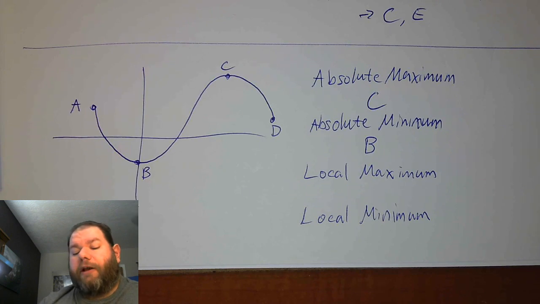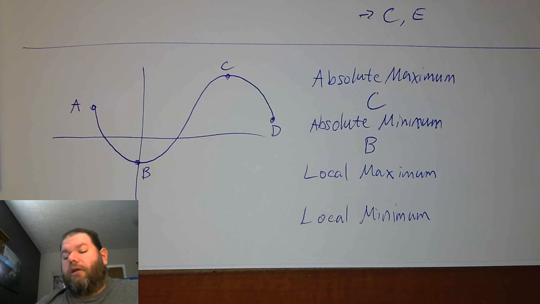What about a local maximum? Again, for a local maximum, the only requirement we have is that the graph switches from increasing to decreasing. Is there a point where that occurs?